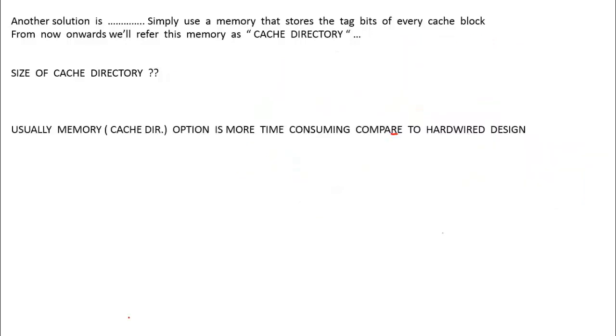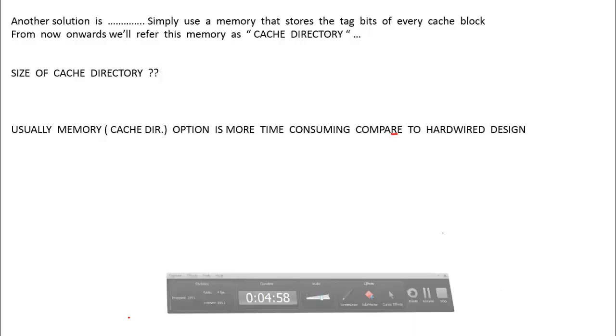Okay, so usually the cache directory option is more time consuming compared to hardware design, because the hardware has the delay of first of all the XOR box and then comparator, and these hardware delays are very less compared to the searching time required in a cache directory. So yes, the cache access time will be more if we are implementing the cache directory method, and cache access time will be lower if we use the hardware design, but again the flexibility would be less.